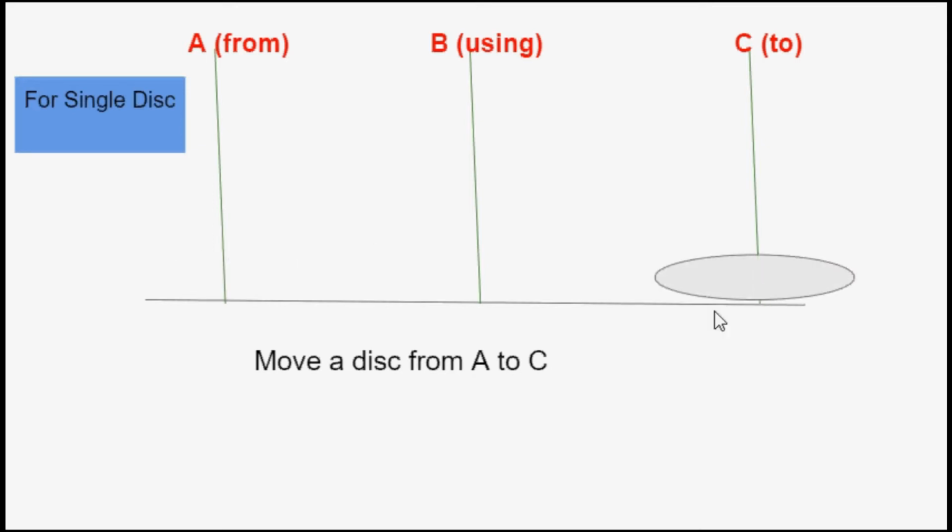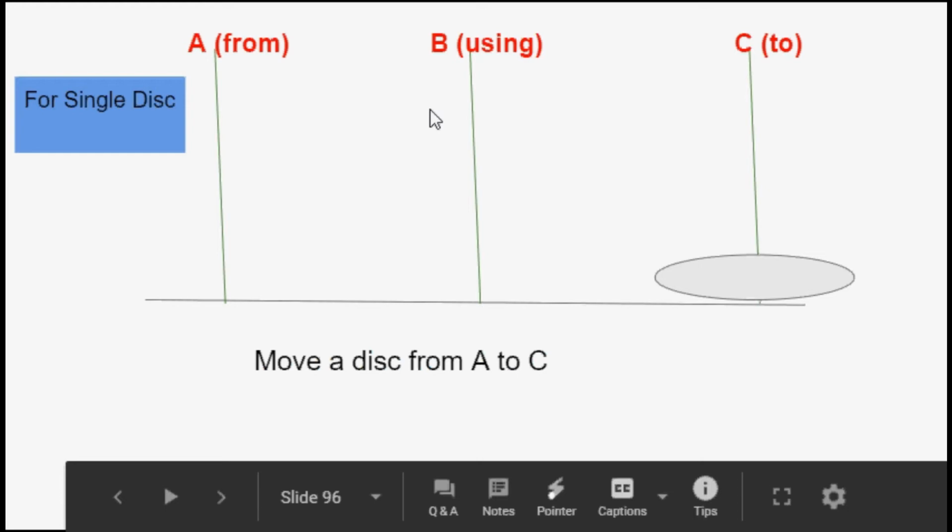So we have followed all the rules of the Tower of Hanoi problem: we have taken one disk at a time, we have taken the disk following the stack principle, and we have not placed a larger disk on a smaller disk. Since there is only one single disk, we are not using this auxiliary tower, that is B tower.